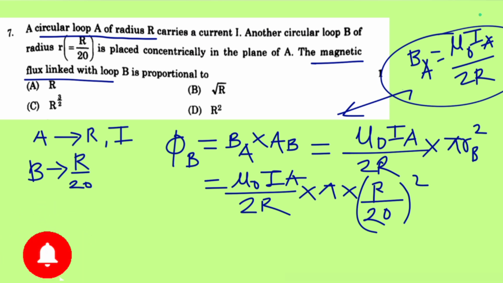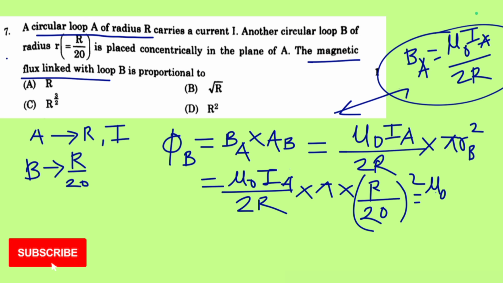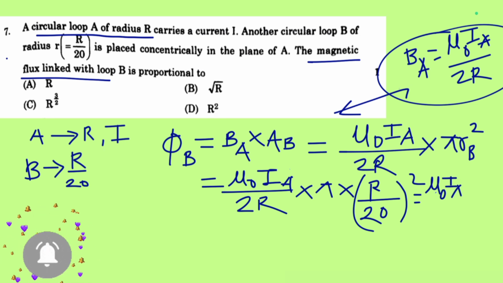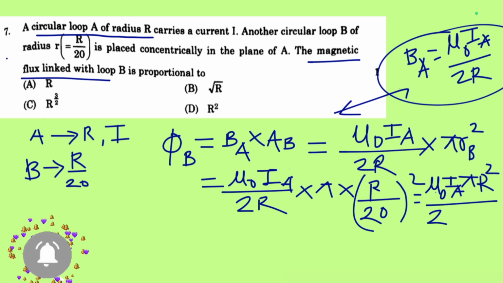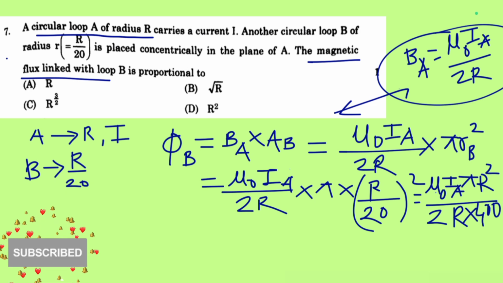From this relation, the answer will be mu naught I pi r square upon 2r multiplied by 400.